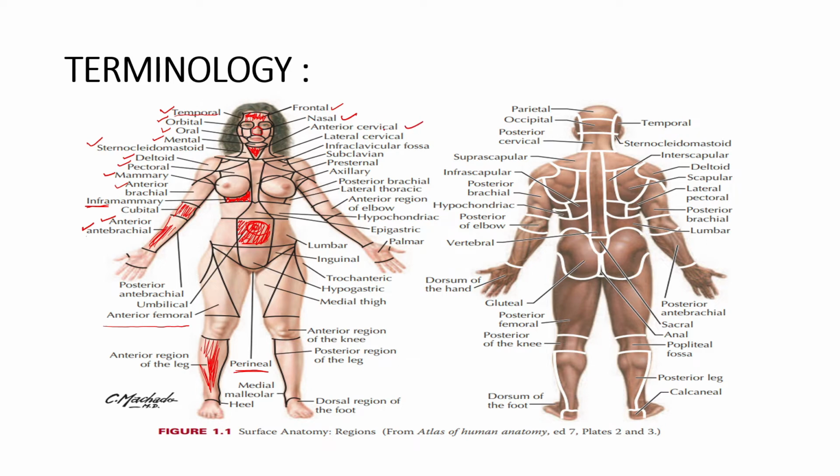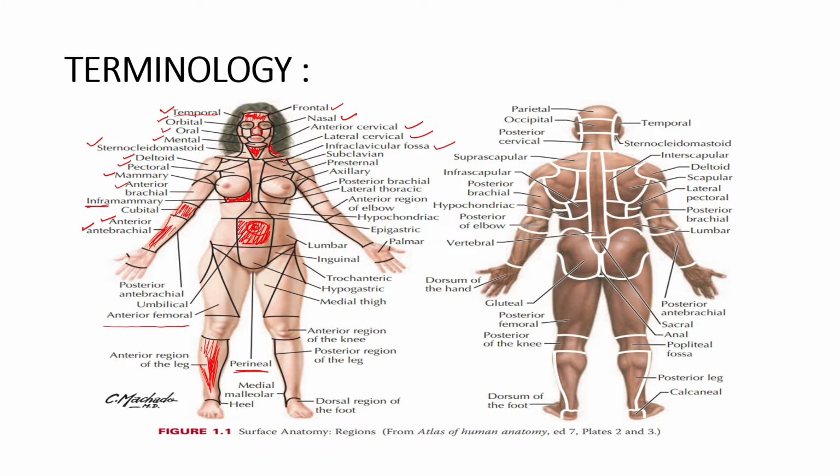Now this cervical term came from a particular bony structure, that is the vertebral column. From there, the lateral cervical. Next, this portion is lateral cervical, means side portion of the cervical bone. Now infraclavicular fossa.